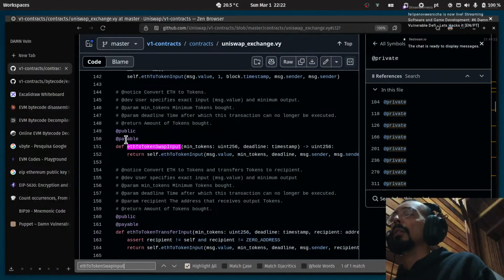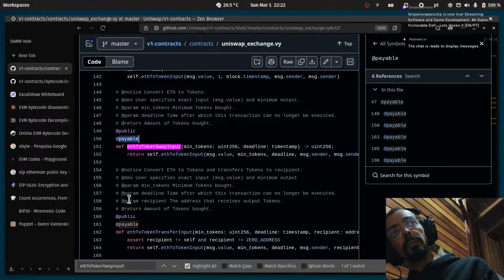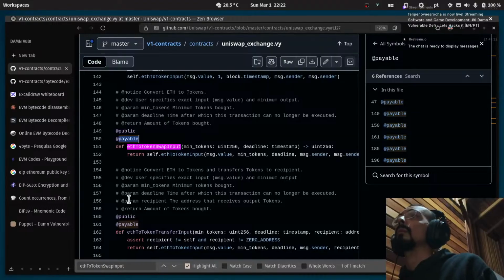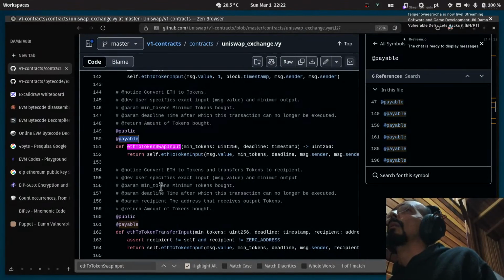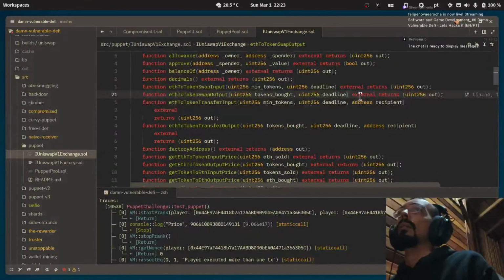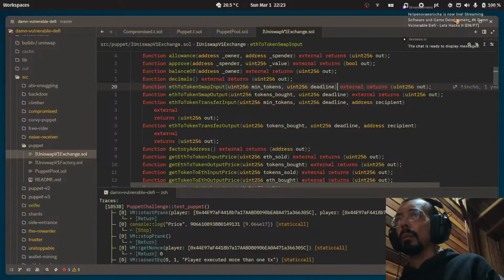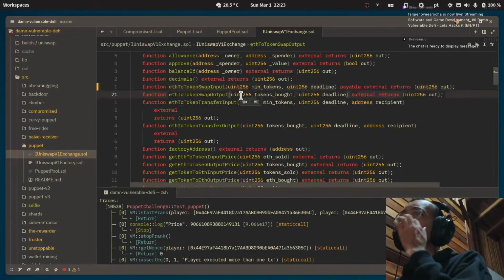That's a payable function. It's crazy. So I think they missed the implementation here. It should be payable.